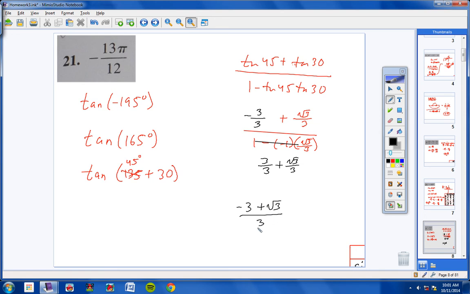That's all over 3 plus square root of 3 all over 3. Okay, so we're going to take the fraction, flip it and multiply. So we have 3 over 3 plus square root of 3. These cancel. And we're left with negative 3 plus square root of 3 all over 3 plus square root of 3. Okay, there we go.